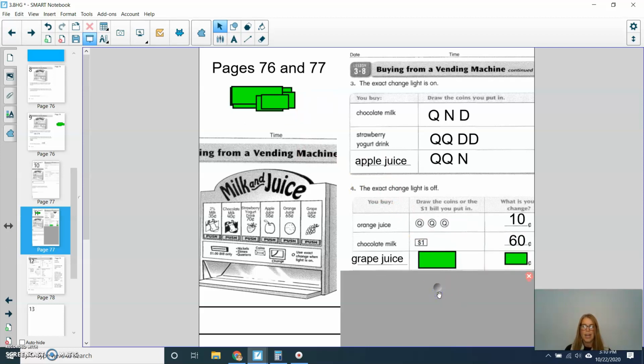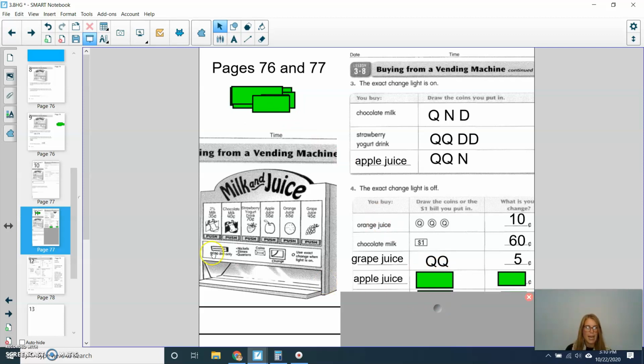Then for this next one, I picked grape juice, and you maybe pick something different, and that's okay. Grape juice costs 45 cents, and I paid with 50 cents. So to go from 45 to 50, it would be 5 cents. So my change would be 5 cents.